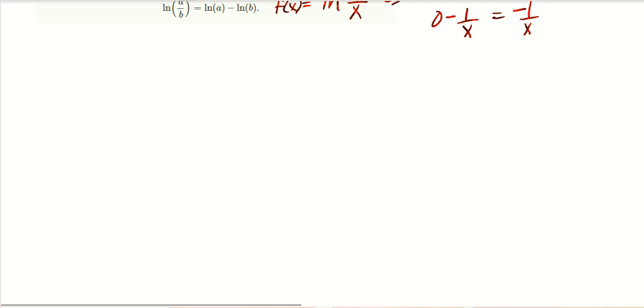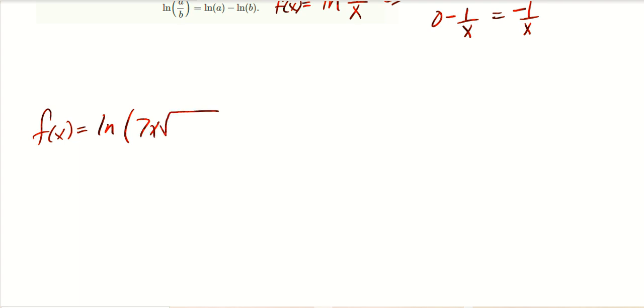Let's hypothetically say that we have f of x equals the natural log of 7x times the square root of 7x plus 4. Now, looking at it and noticing what I said as I wrote the problem, I said 7x times the square root of 7x plus 4.